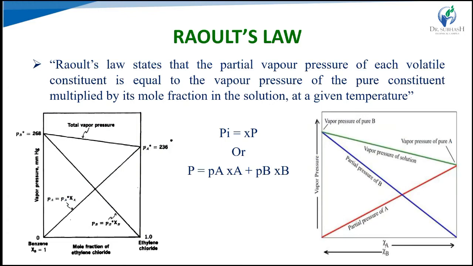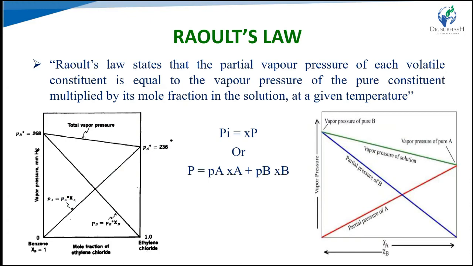It is an expression of the vapor pressure of a liquid that serves as a quantitative description of the tendency of molecules to escape. Raoult's law states that the partial vapor pressure of each volatile constituent is equal to the vapor pressure of the pure constituent multiplied by its mole fraction in the solution at any given temperature.